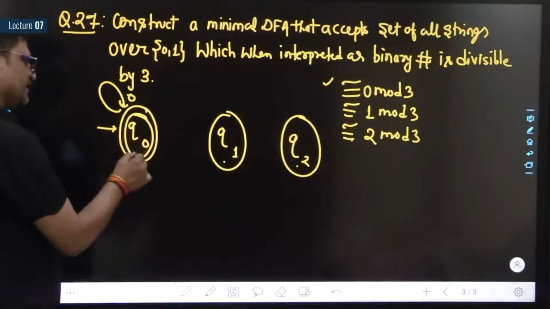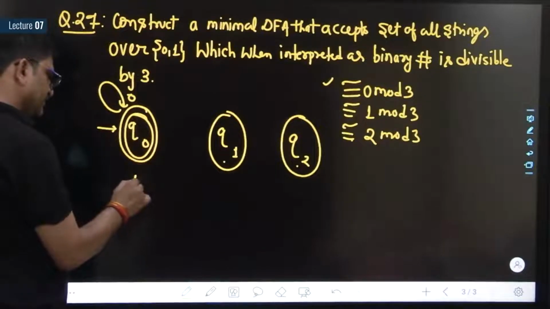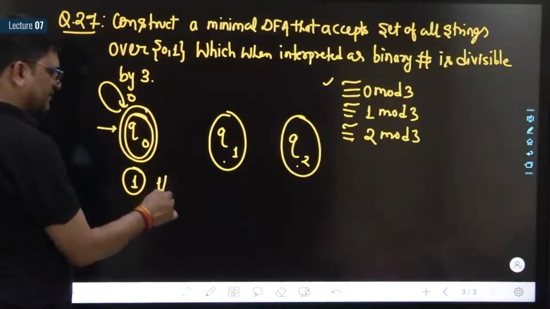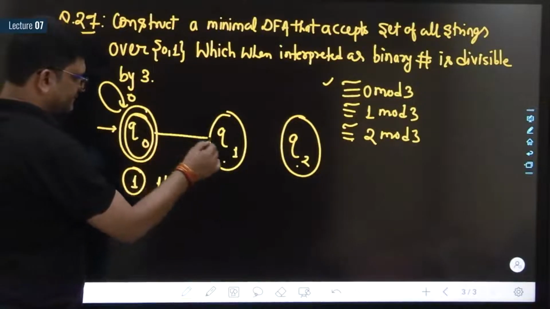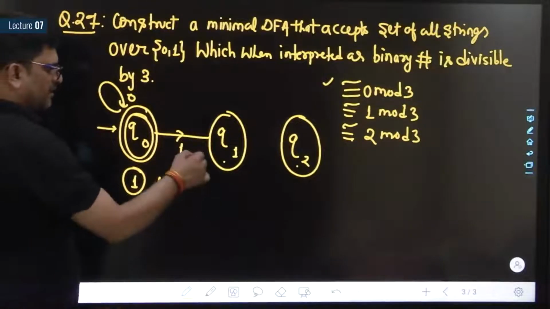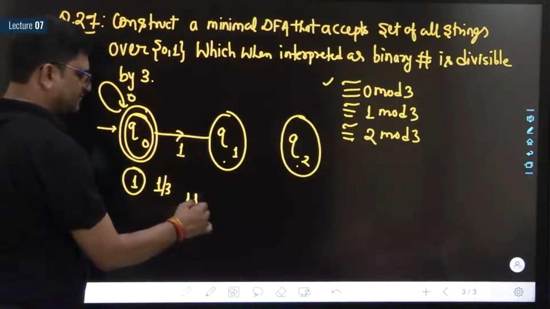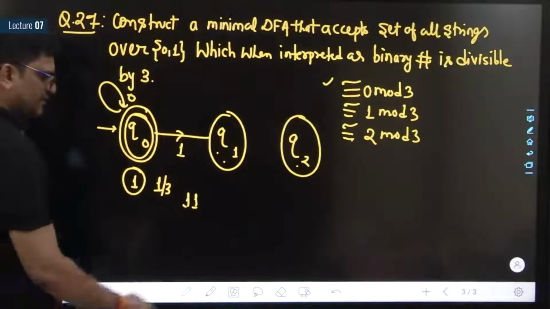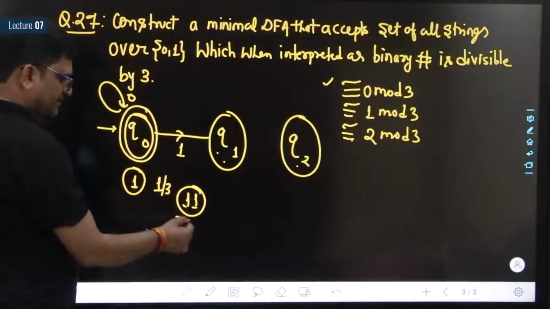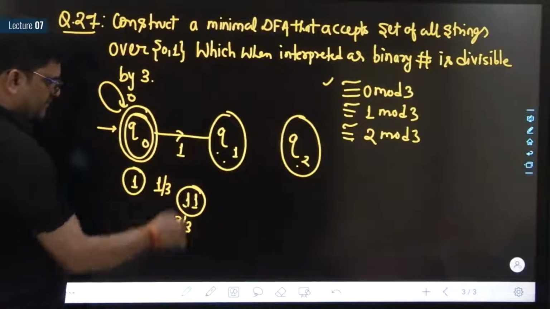When we see 1 on Q0, this is the binary number, convert into decimal. Decimal is 1, divide by 3, remainder is 1. After seeing 1, another 1 comes on Q1. What is the decimal number? 3. 3 divided by 3, remainder 0.